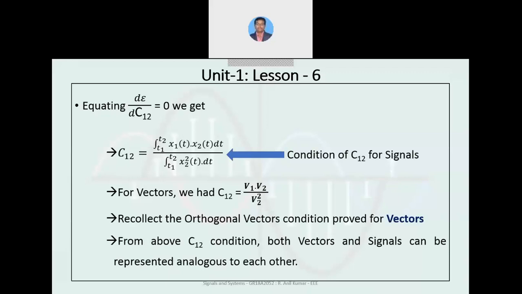Similarly, here v1 corresponds to signal x1 of t and v2 corresponds to x2 of t, and after re-expressing with respect to vectors, we can see that the expression we have got for signals is similar to the vectors condition. So from the above C12 condition, both vectors and signals can be represented analogous to each other.